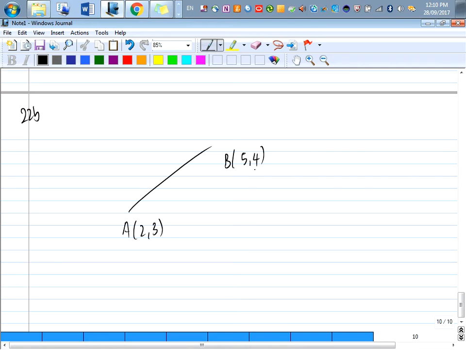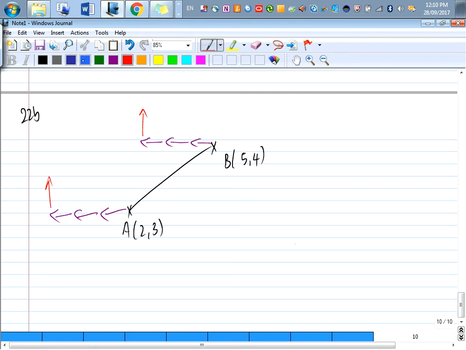That means I shift this entire line segment. How many units to the left? 3 units to the left. And what other direction must I move? Up. 1 unit upwards. So 3 units to the left, 1, 2, 3. So this point also moves to the left, 1, 2, 3. 1 unit up.